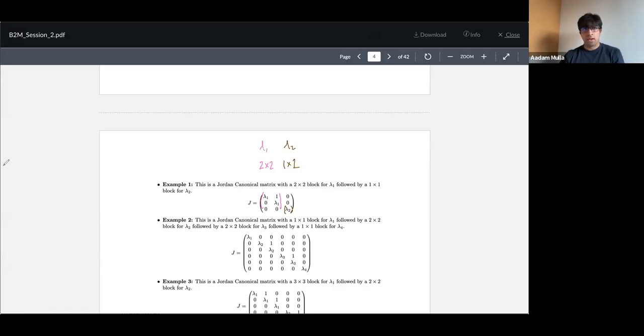Okay? Let's look at another example, right? So we go down. If we look at this example, here our first Jordan block is a 1 by 1 Jordan block. Then our next one looks to be a 2 by 2 Jordan block, correct? And our final ones look like another 2 by 2 Jordan block and a 1 by 1 Jordan block, okay? The eigenvalues here are very clear, right?